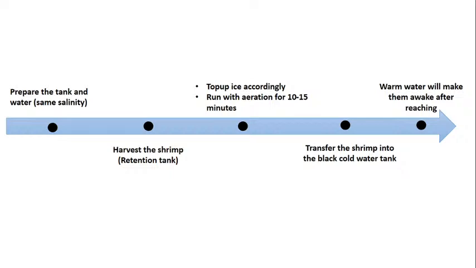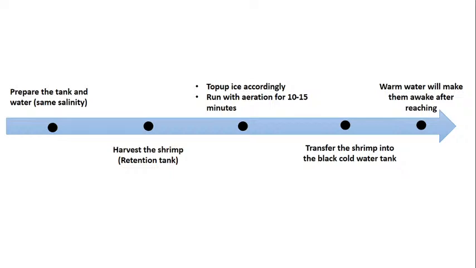After the transportation journey, the receiver or the customer should check for the mortality and water temperature, and they should have a facility so that we can transfer immediately into the system.